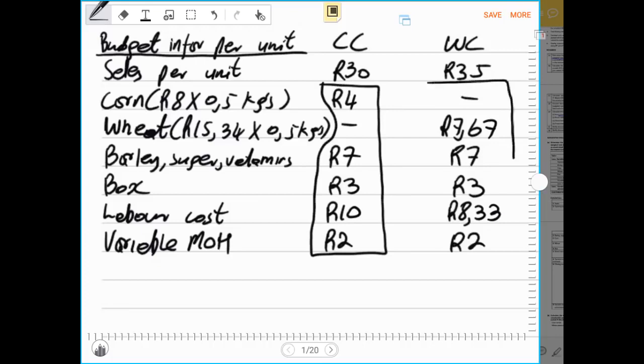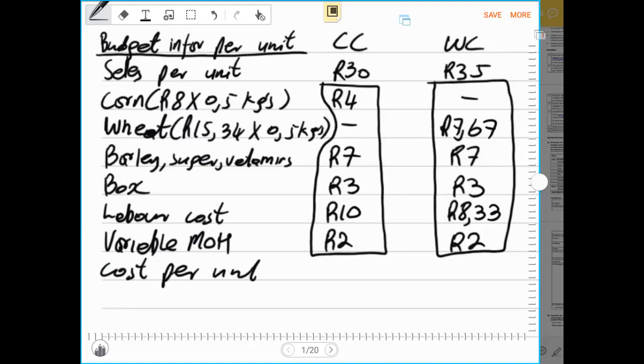And from here up to here, this will give me my cost per unit. So first thing is to calculate my production cost per unit. And this production cost per unit will help me also in calculating the contribution per unit. But now I only need to calculate my cost per unit.